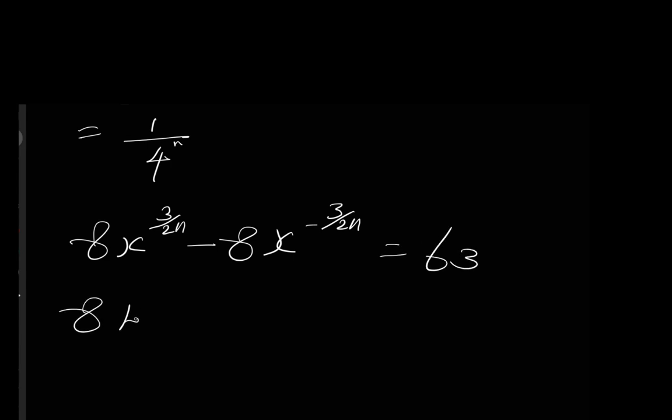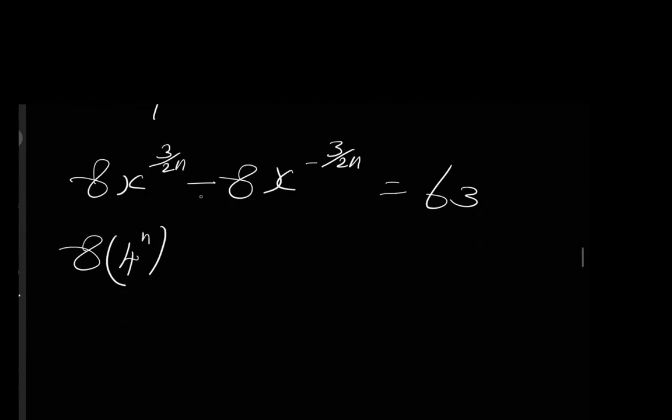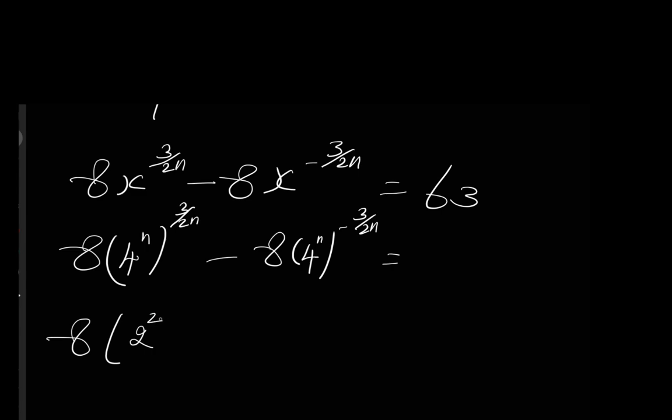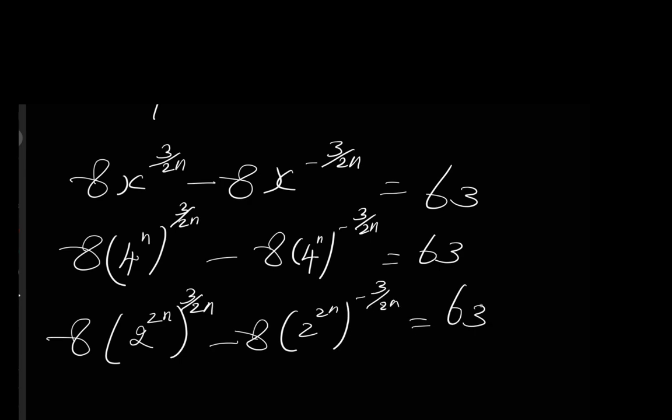So first let me substitute 4 power n. 8 into 4 power n whole power 3 by 2n minus 8 into 4 power n whole power minus 3 by 2n. This is equal to 63, you have to get. So 4 you write as 2 squared, already n is here. So 3 by 2n, minus 8, 2 power 2n, power minus 3 by 2n. This should be equal to 63.